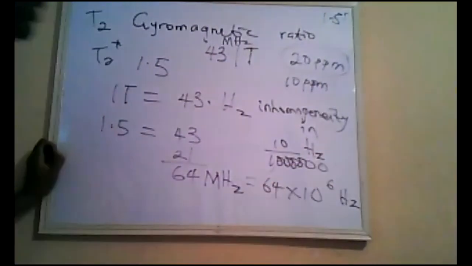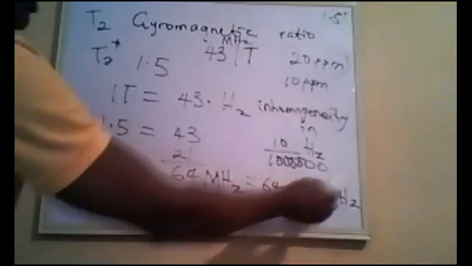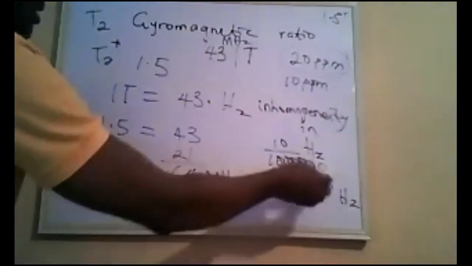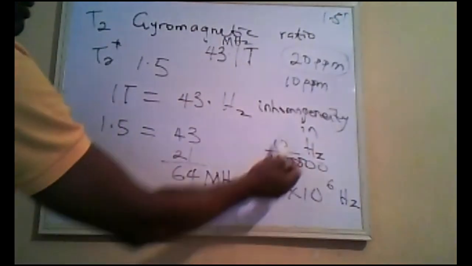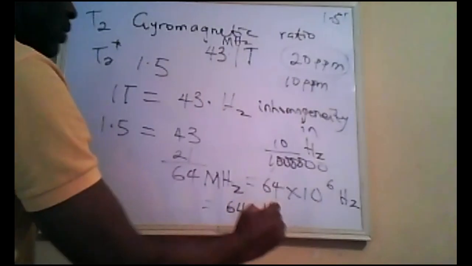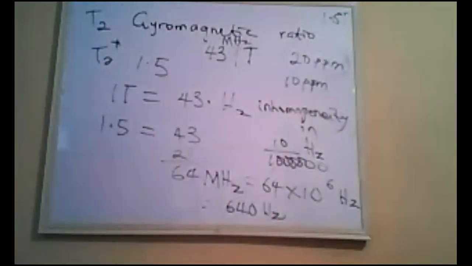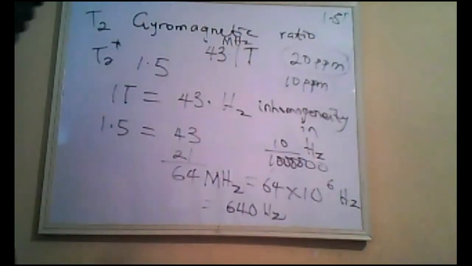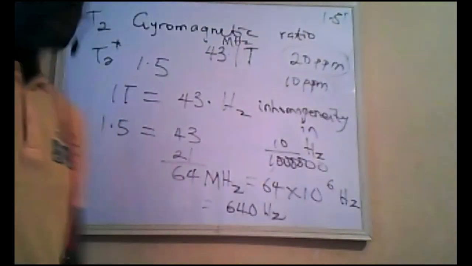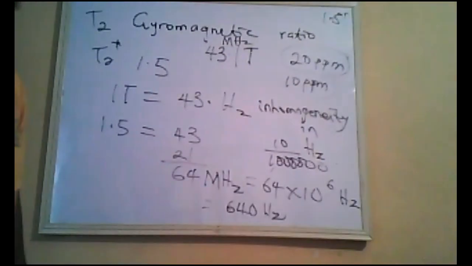If you multiply by this, the 1 million and 1 million cancel out, and we'll be left with 10 times 64, around 640 hertz. So we have around 640 hertz as the inhomogeneity of that system, based on the inhomogeneity factor of 10 parts per million.